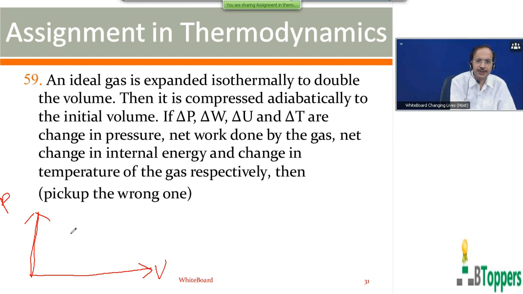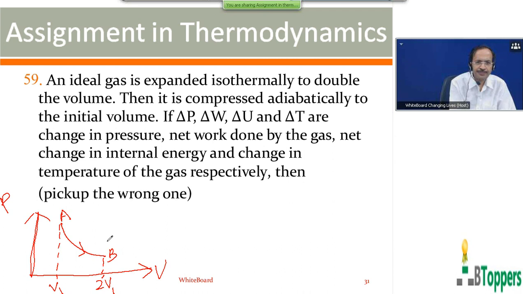Let A be the initial state. In the isothermal process, the PV curve is a rectangular hyperbola. For the isothermal expansion, B is the final state. The volume at B is double the volume at A.